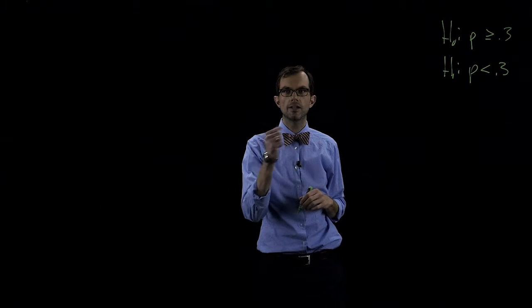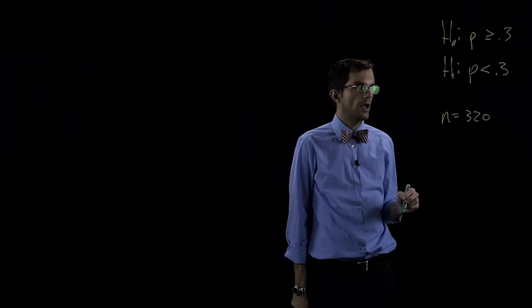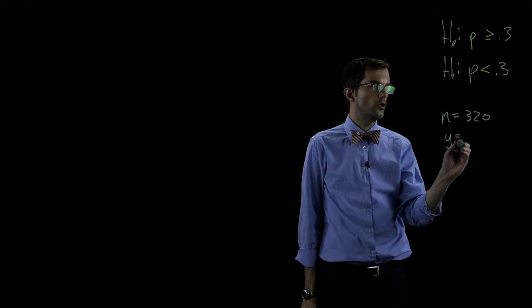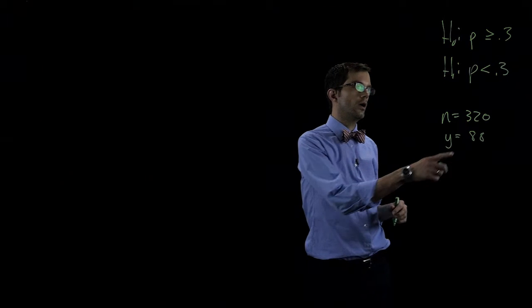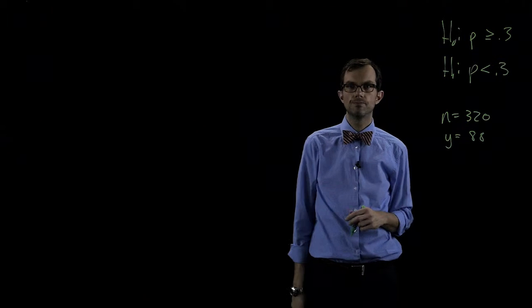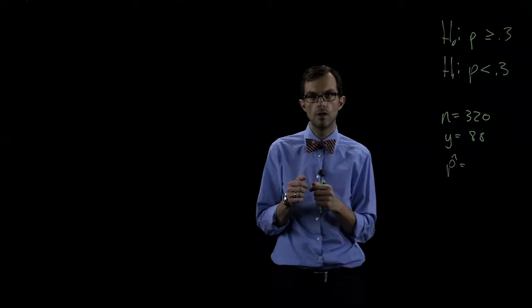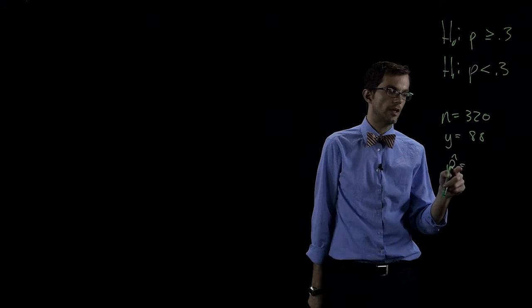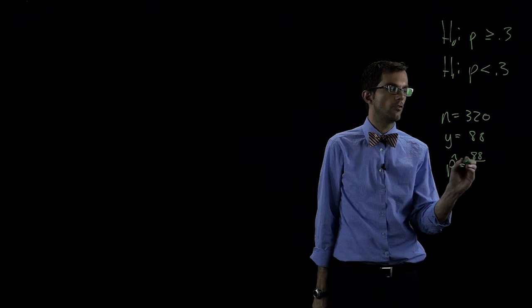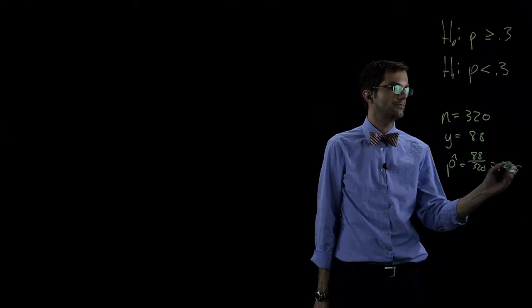And we went out and collected a sample of size n equals 320, and we counted the number of people who preferred controller A. And that was 88. And we can calculate the p hat, the sample proportion of those who prefer controller A from the sample, and that is 88 over 320, which is 0.275.